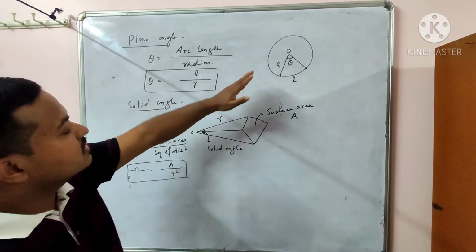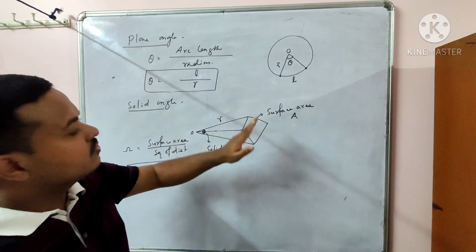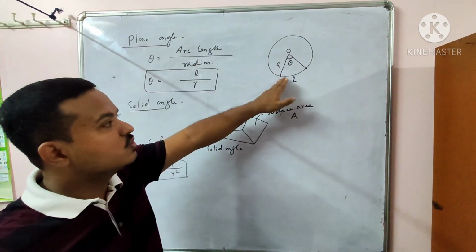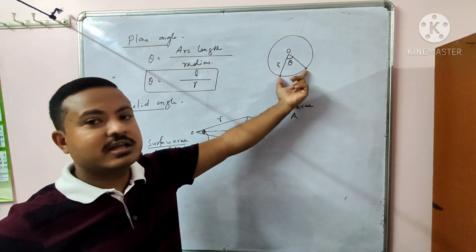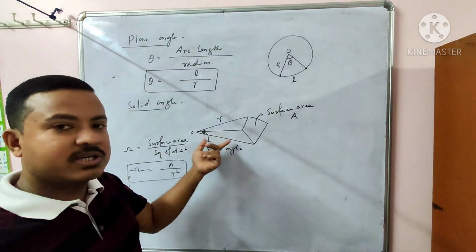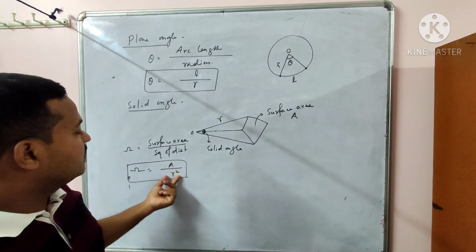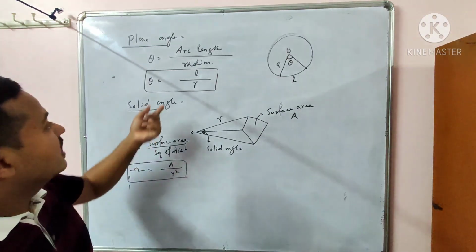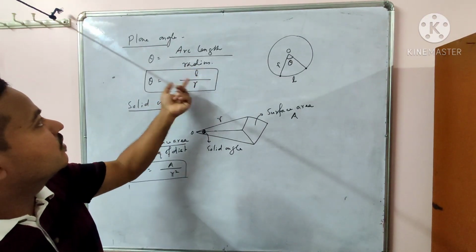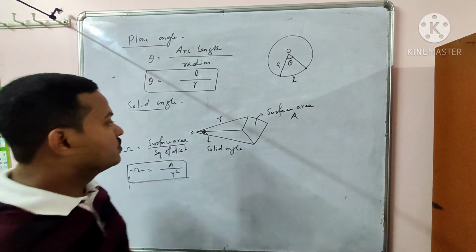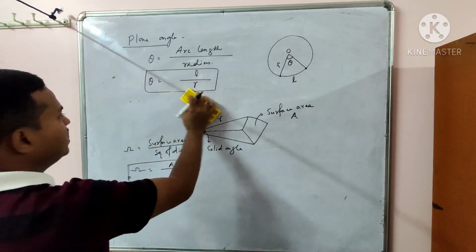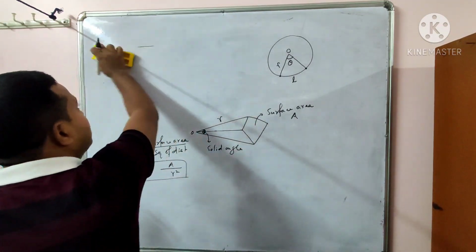You see, this we define in a circle and this we define in a sphere. A circle is 2-dimensional, so we consider arc length, and a sphere is 3-dimensional, so we consider surface area. Surface area by square of distance is the solid angle, and arc length by radius is the plane angle.